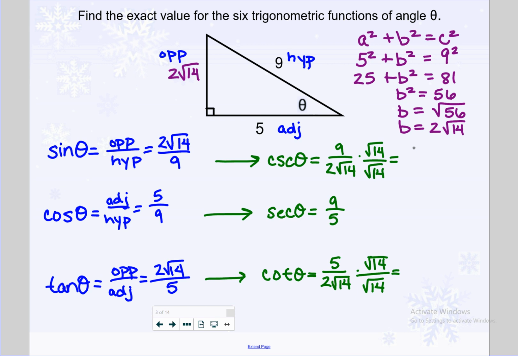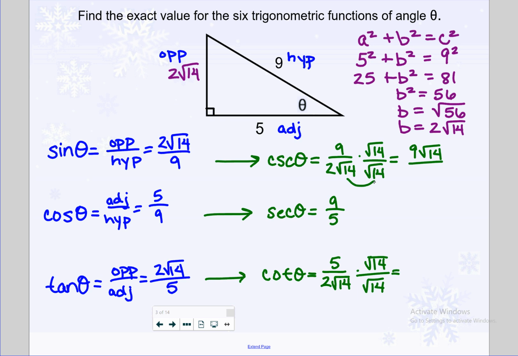So cosecant will end up being 9 rad 14 on top. On the bottom, what do you get when you multiply a square root times itself? Like if I multiply square root 14 times square root 14, what is that? It's just 14. Think about square root 9 times square root 9.